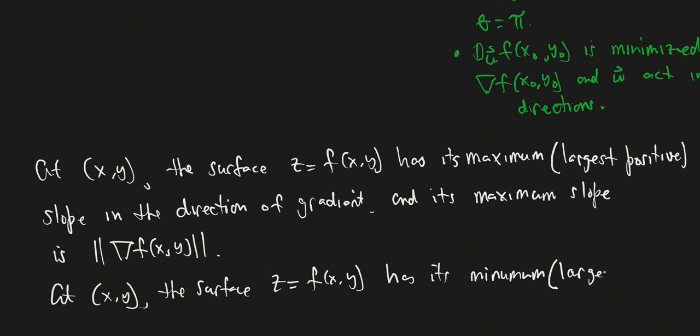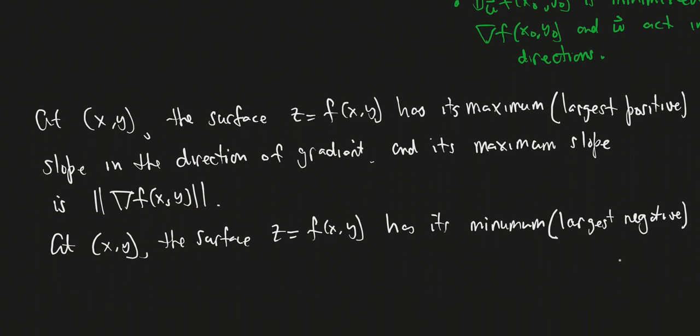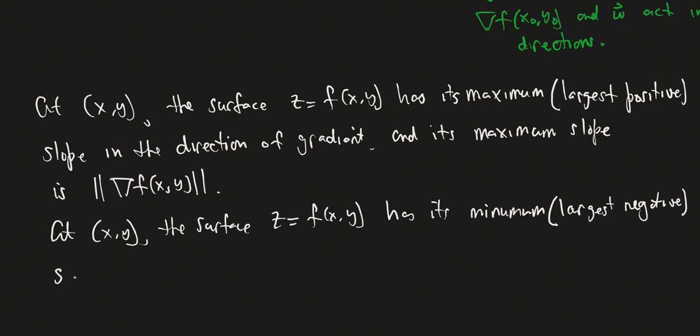So the largest negative slope, but that direction is opposite the gradient. So in the direction opposite the gradient.